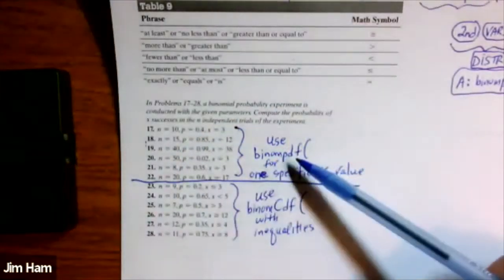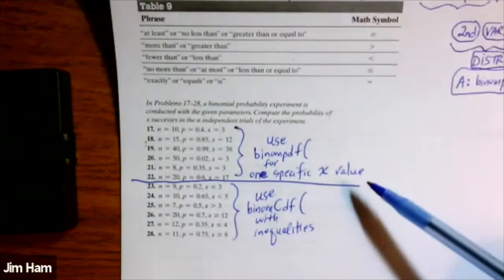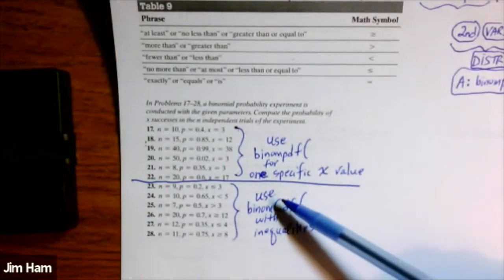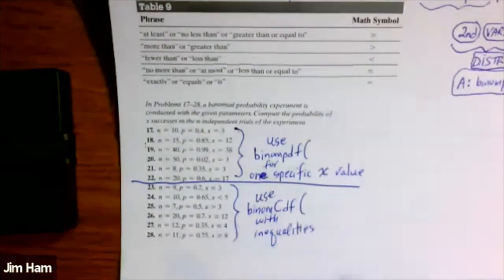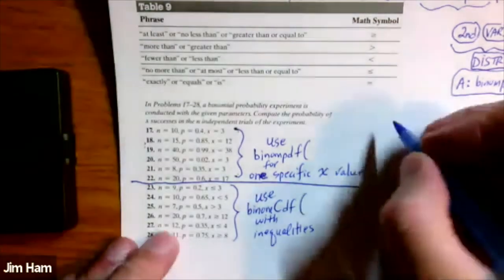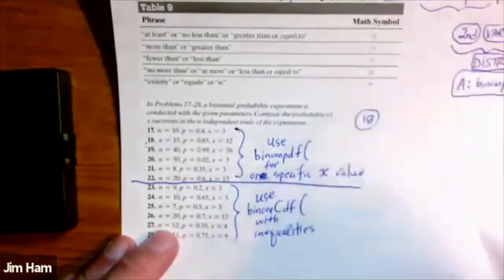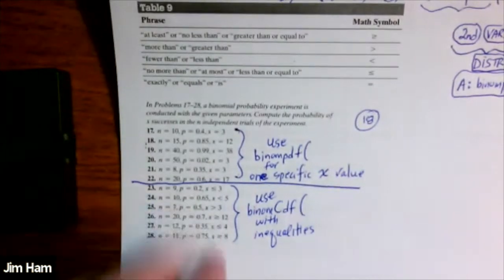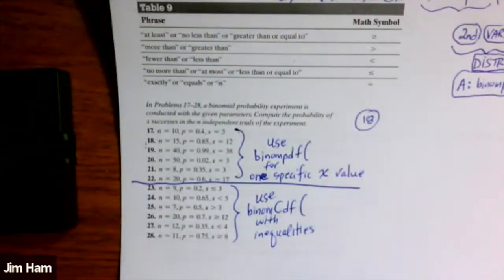So use binomial PDF for one specific x value, and use binomial CDF with inequalities, which suggests multiple x values. All right, let's take a look at maybe one or two here. Maybe I'll do one, I'll ask you to do one, and then we'll do some inequalities as well.